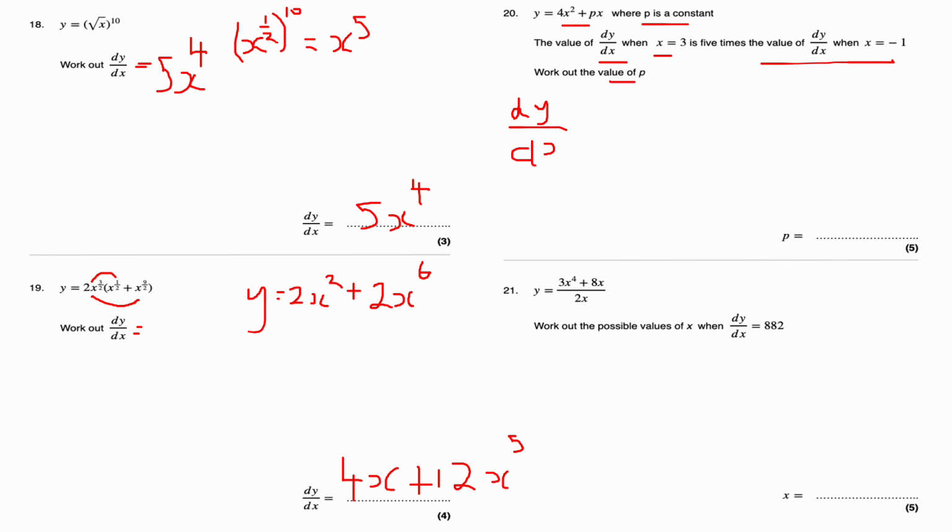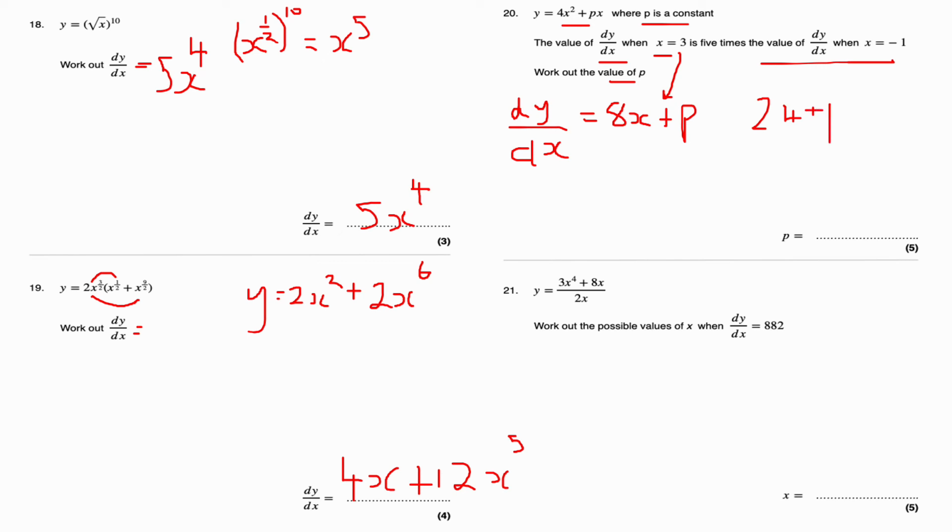So dy by dx, 4x squared goes to 8x, and px just goes to p. So dy by dx is 8x plus p. Now, it's saying that the value of dy by dx when x is 3 is 5 times bigger than the value of dy by dx when x equals minus 1. So I'm going to sub in x is 3 into here first of all, and I'm going to get 24 plus p.